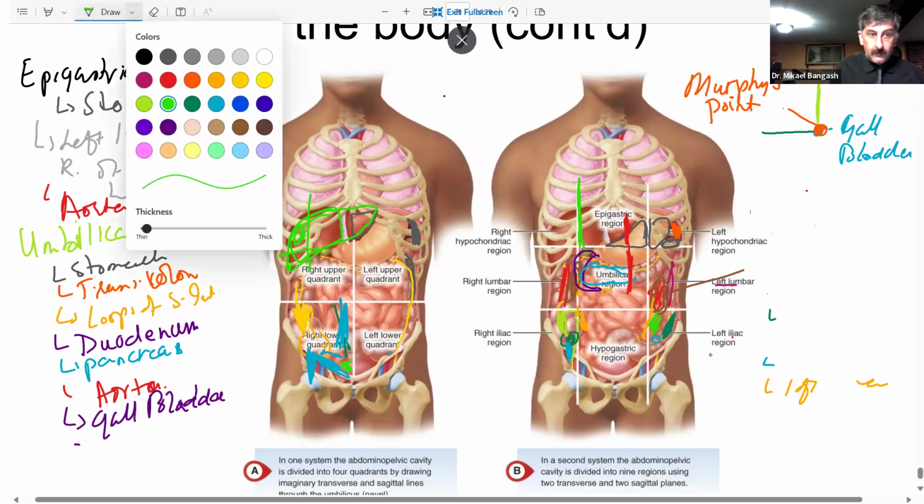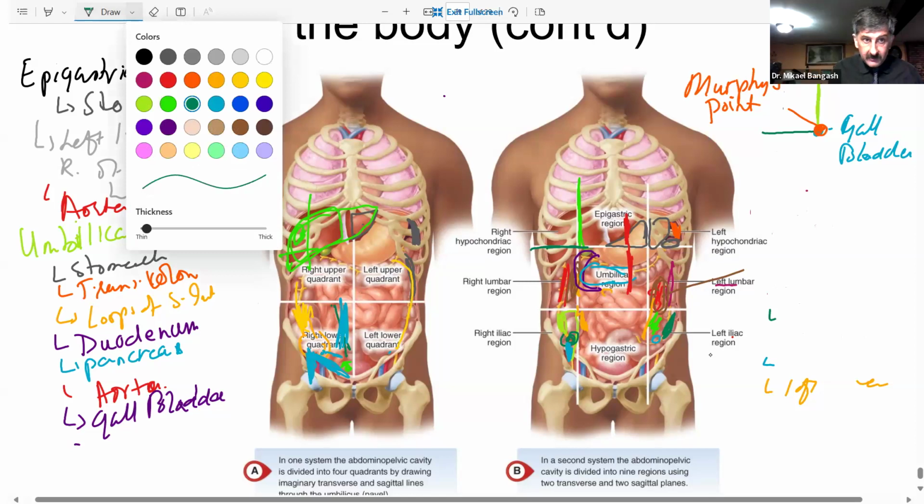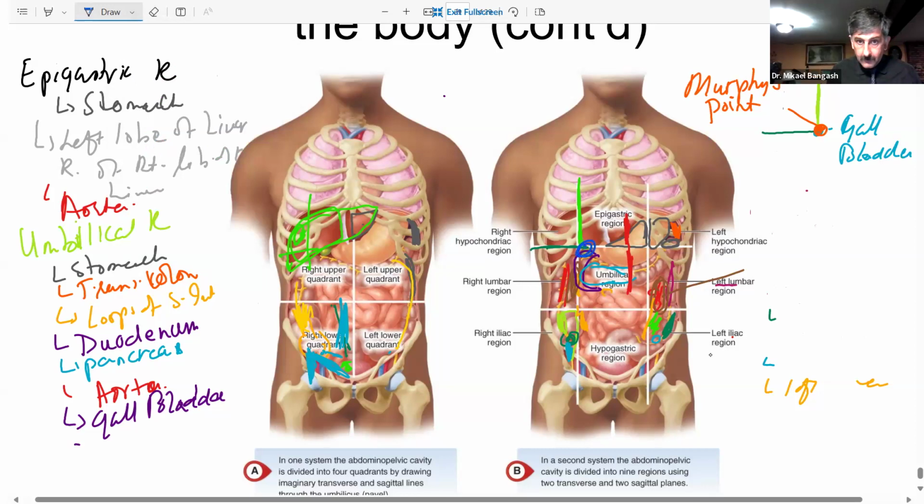We had the other line, the transverse line, which runs along your transpyloric plane. At the point where these two lines meet, that's where your gallbladder is going to be located. Did you guys get that?